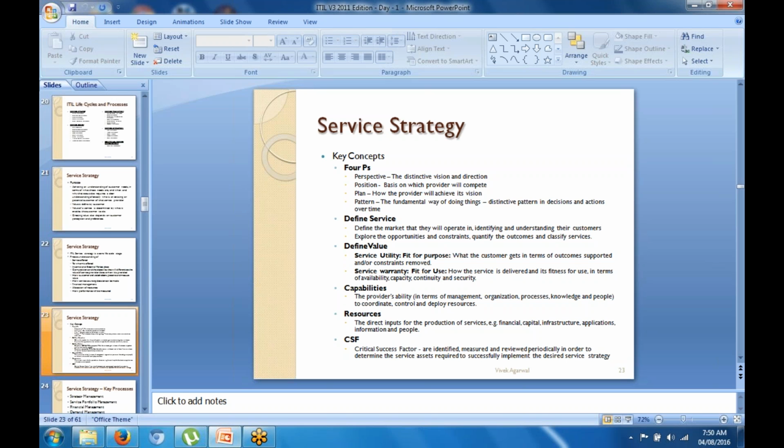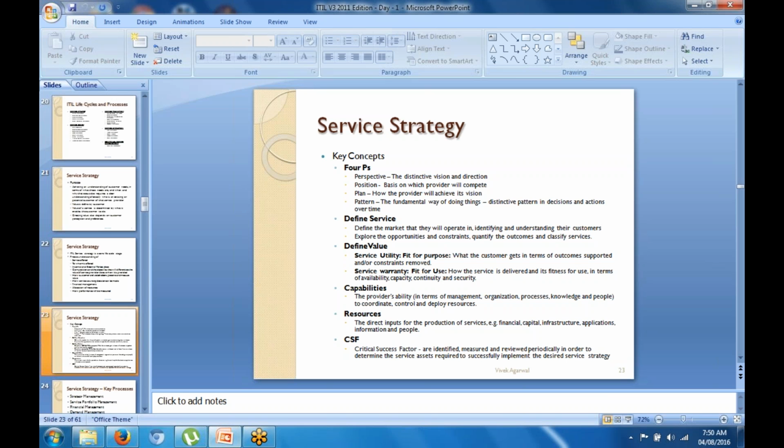The service utility and service warranty. Utility is fit for purpose: what the customer gets in terms of outcomes, supported and or constraints removed. Warranty is fit for use: how the service is delivered and its fitness for use in terms of availability, capacity, continuity and security.